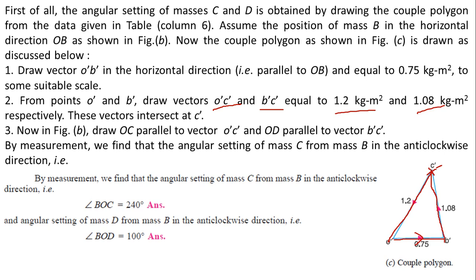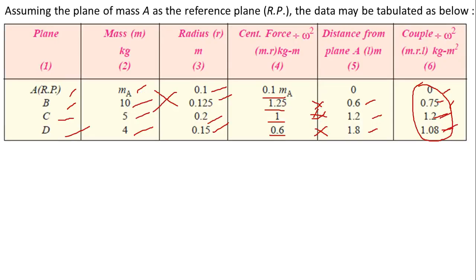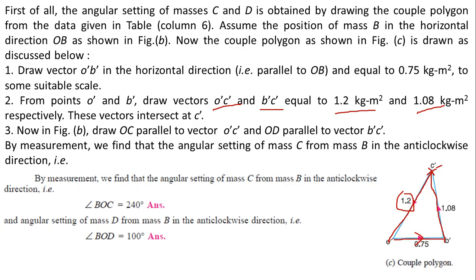Okay, so you get the magnitudes here. The 1.2 which is given here is for plane C, and 1.08 is for plane D. Like this you can get the angles.